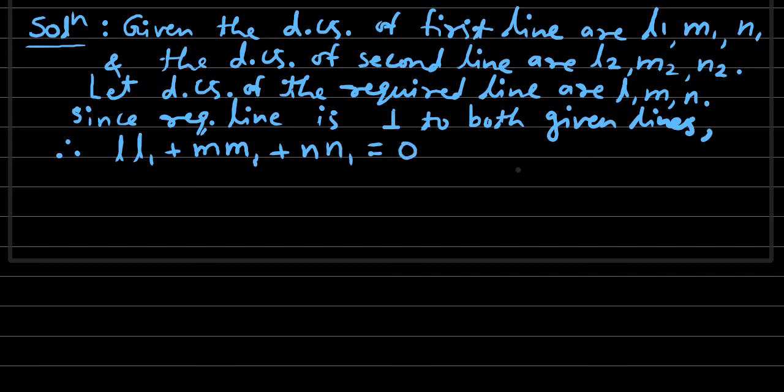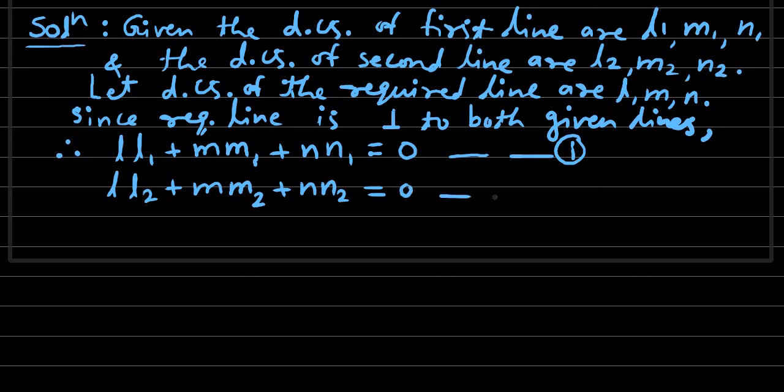Let us denote this by relation number 1. And as the required line is perpendicular to the second line also, we get L into L2 plus M into M2 plus N into N2 equal to 0. Let us denote this by relation number 2. So we have relations 1 and 2.